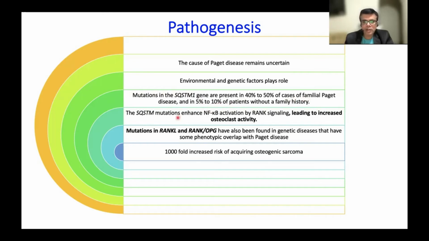The SQSTM1 mutation is known to enhance NF-kappa B activation, leading to increased osteoclastic activity. Mutations in RANKL and RANK/OPG have also been found in some cases of Paget's disease. There is a very high risk of acquiring osteosarcoma. In some cases they even develop fibrosarcoma, but mostly there is a very high risk of osteosarcoma.